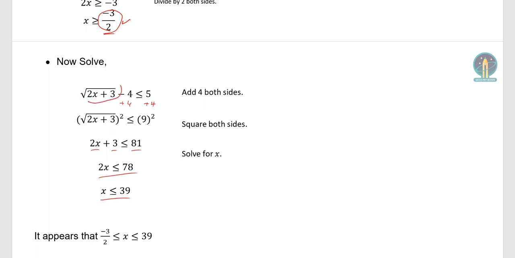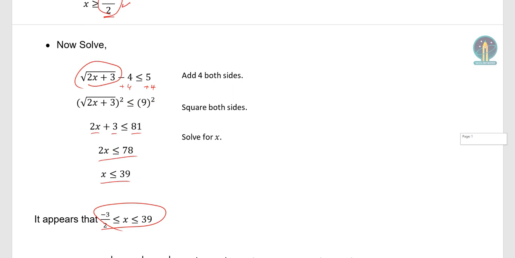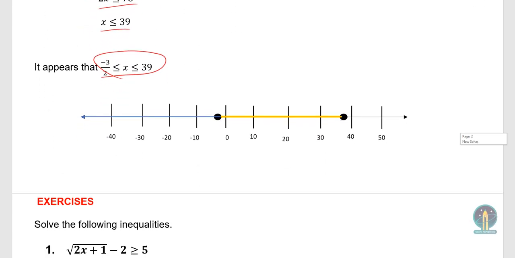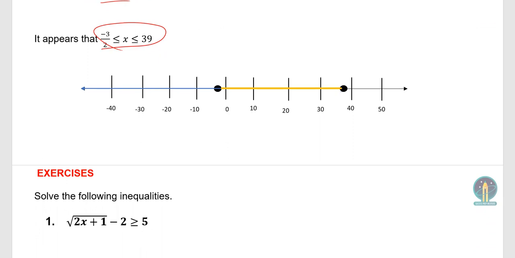But to make the square root part valid, x has to be greater than or equal to minus 3 over 2. So the full solution is this: x is less than or equal to 39, but not down to negative infinity.